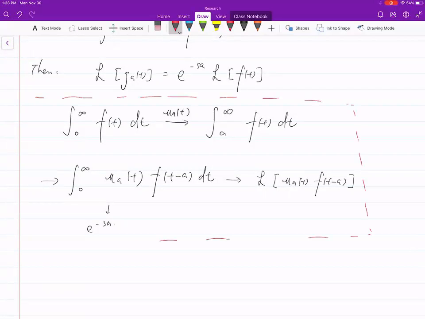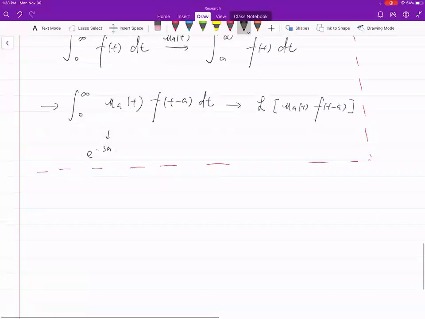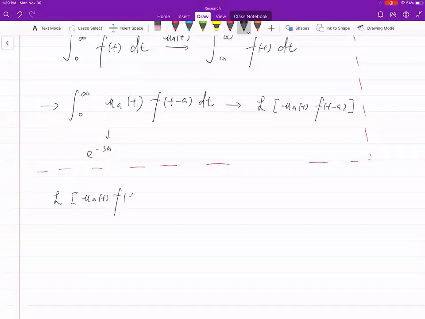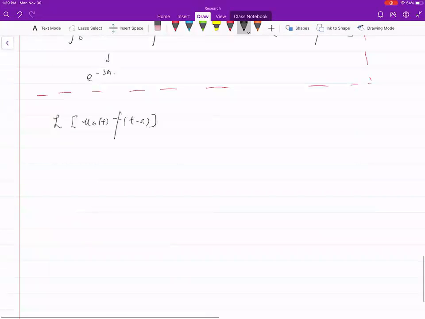Of course, to have something more concrete, we can simply prove it. Let's just do LGA. Let's prove it. So what's this?